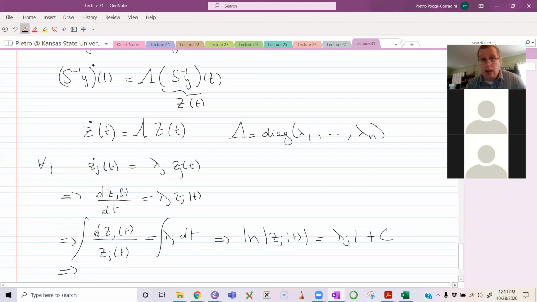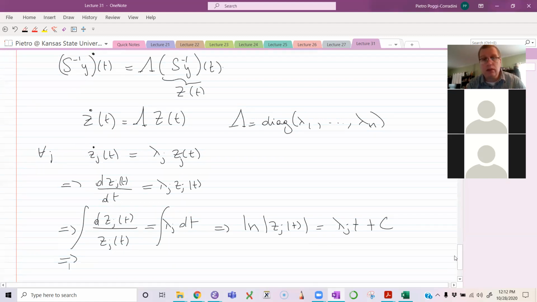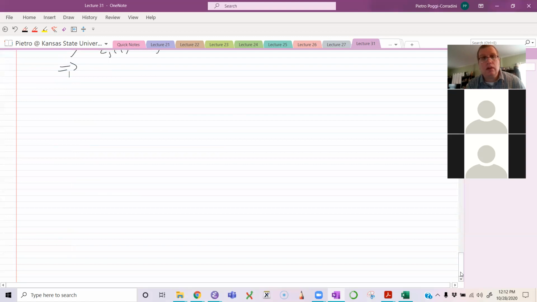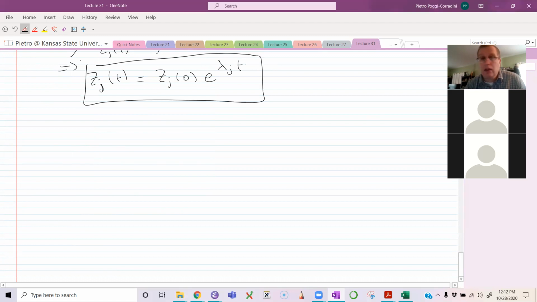So zj of t becomes zj of 0 e to the lambda j t.